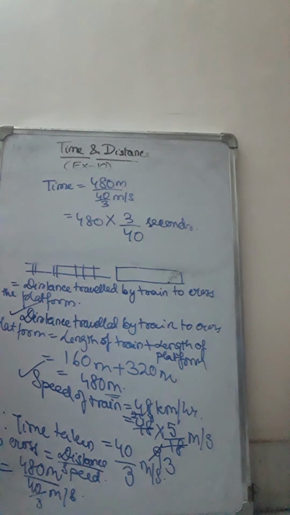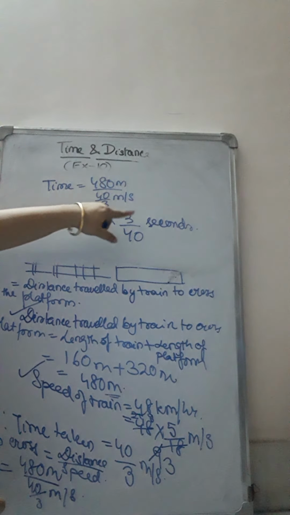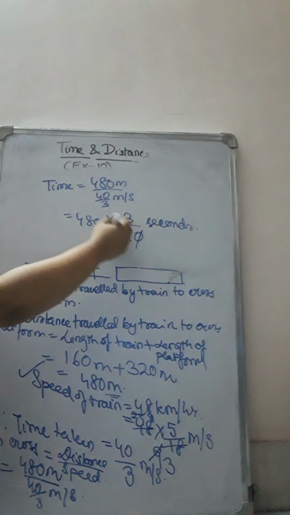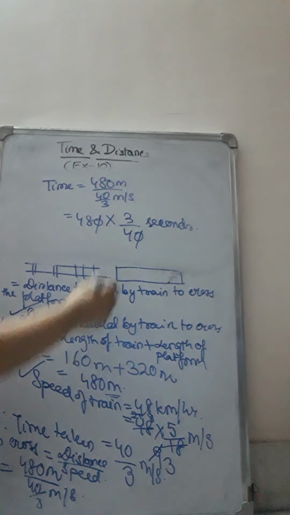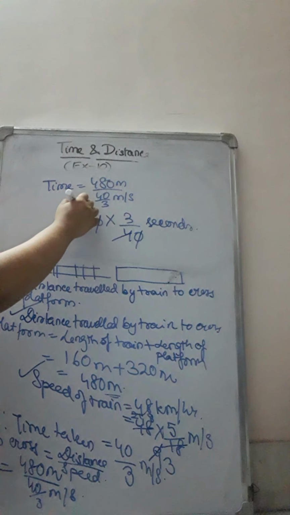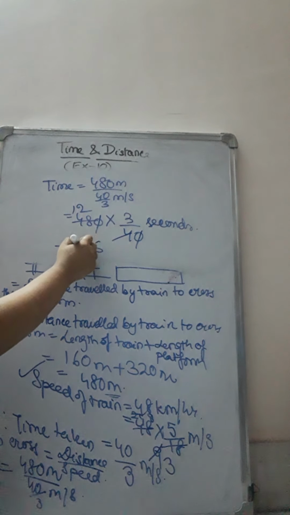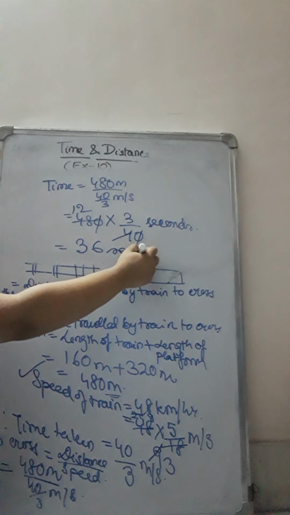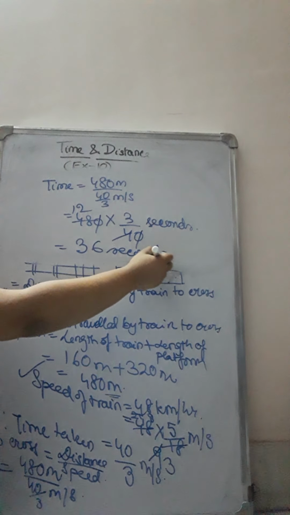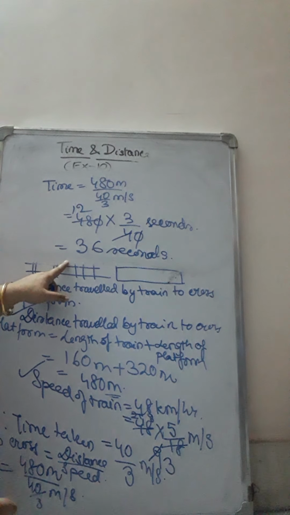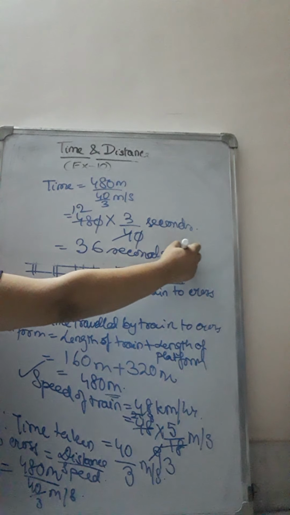When you are measuring time, only the unit of time remains. So 0 and 0 got cancelled. 4 ones are 4, 4 twos are 8. So 48 divided by 4 is 12. Then you just multiply 12 into 3, 36 seconds. And this is the answer to the question. You can write the answer at the end: time taken by the train to cross the platform is 36 seconds.